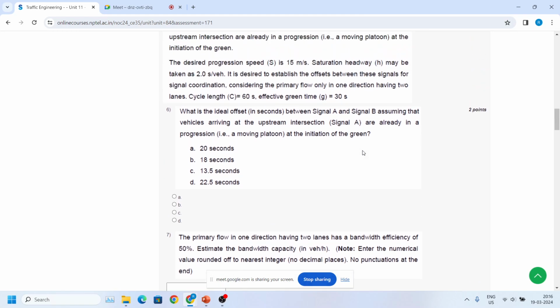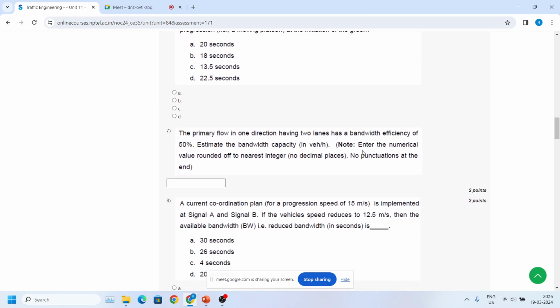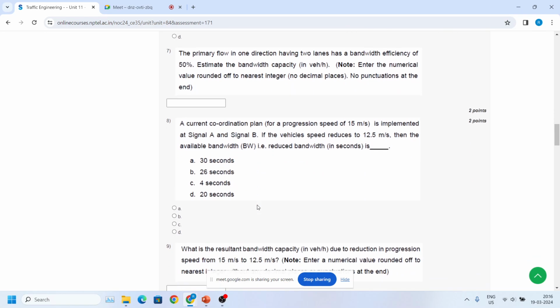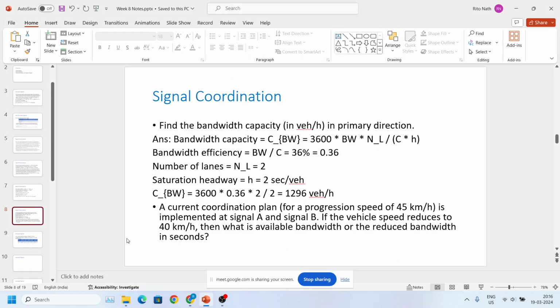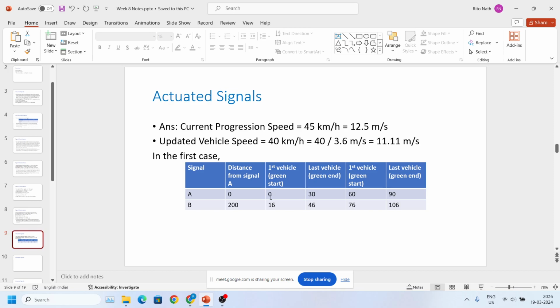Because I took a different kind of problem data, I was trying to get to the answer, but it was not the correct way. The easier way would be the direct approach, just getting the bandwidth value, which is BW/C into 100.